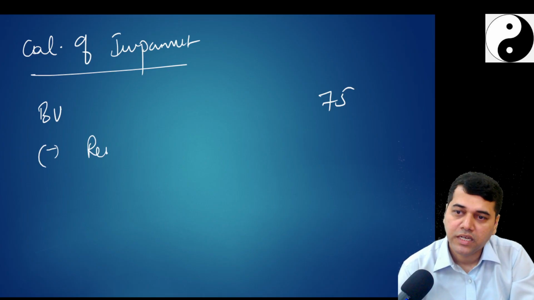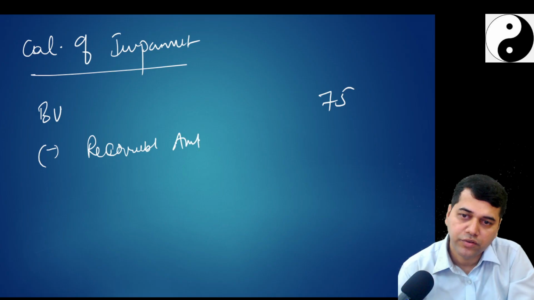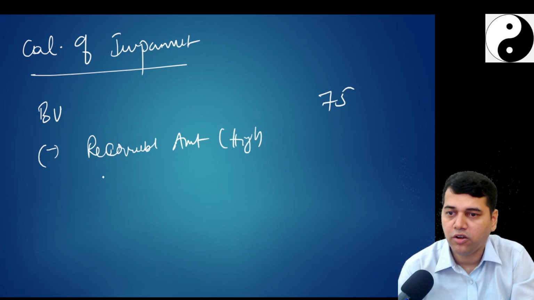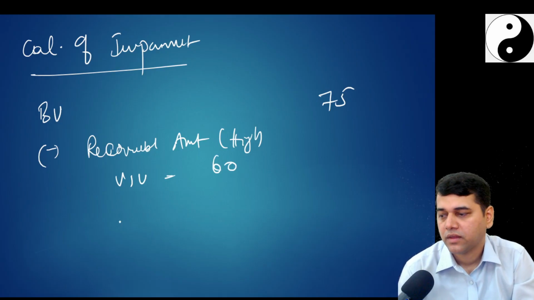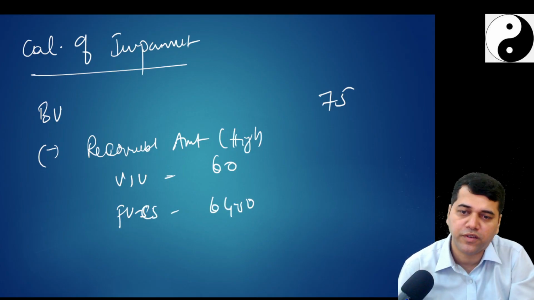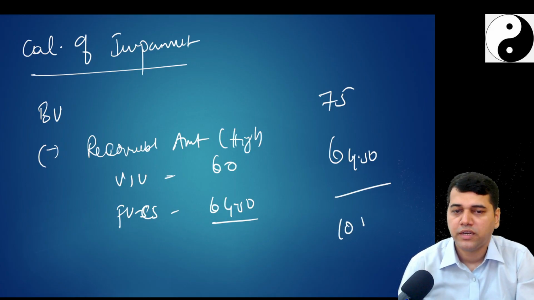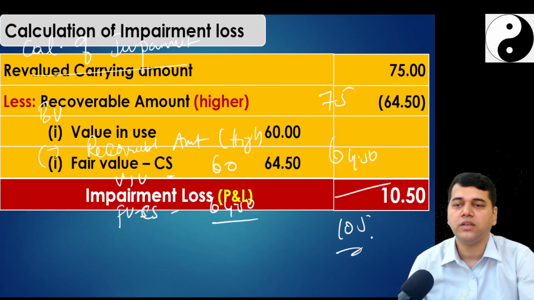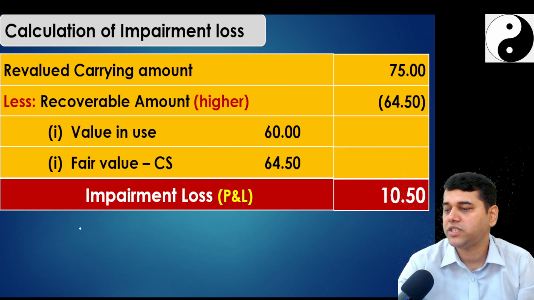Minus recoverable amount, which is the higher of value in use, which is 60, and fair value less cost to sell, which is 64.50. So 64.50. So this comes to 10.5. This is your impairment loss. This also will go to P&L account.